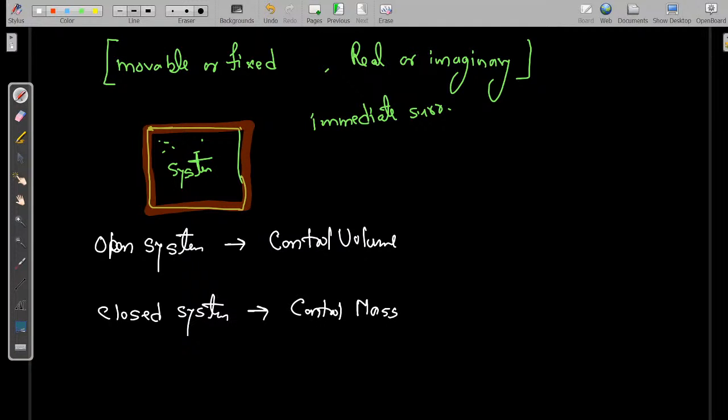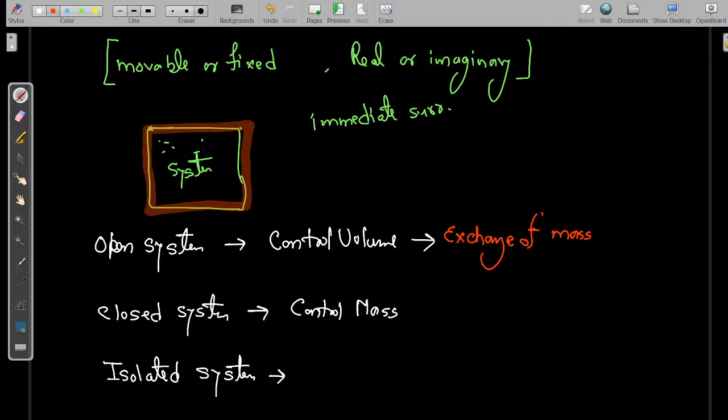And third one is isolated system. In an open system, exchange of mass is allowed, let us say mass and energy also. When we talk about a closed system, exchange of mass is not allowed.